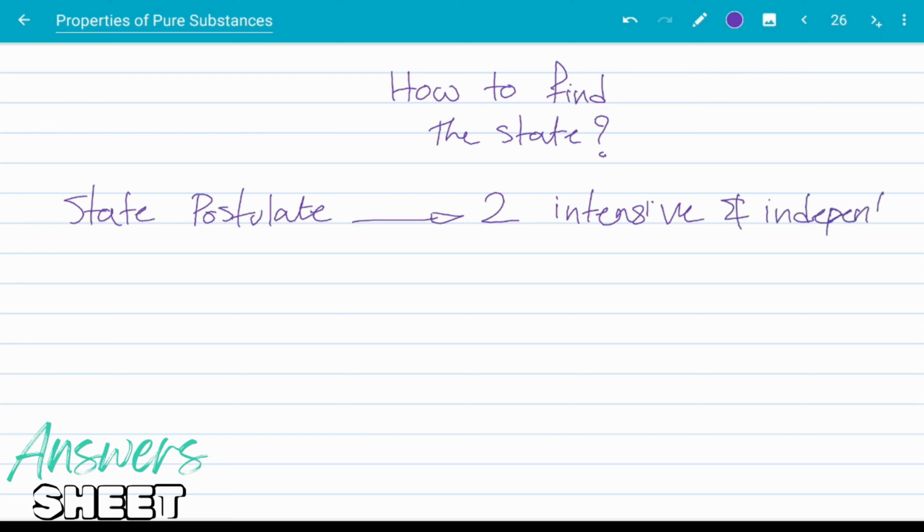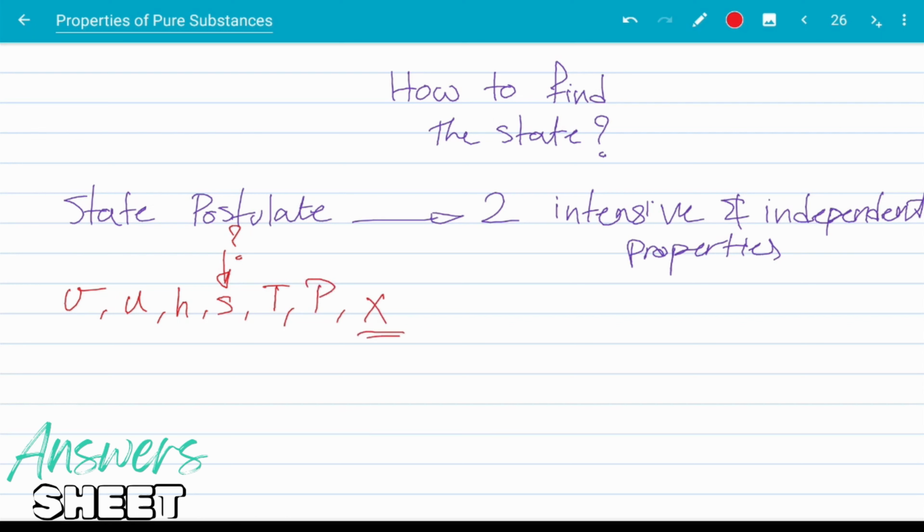The intensive independent properties that we usually encounter in thermodynamics are the specific volume, internal energy, enthalpy, entropy (we don't know entropy yet, we're going to talk about it in later videos), temperature and pressure, and quality for the saturation mixtures.